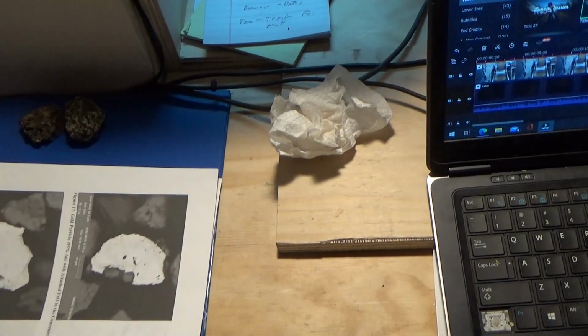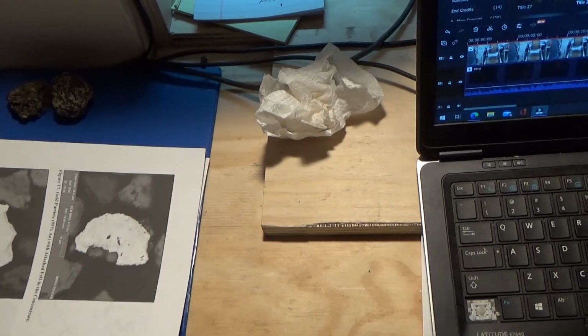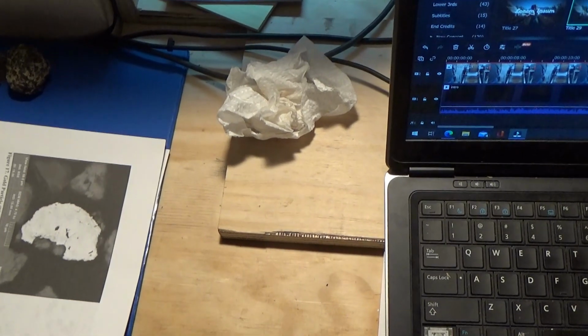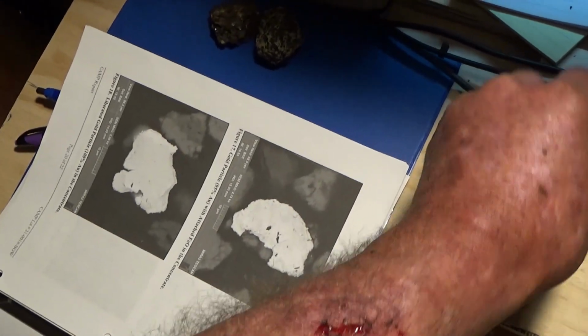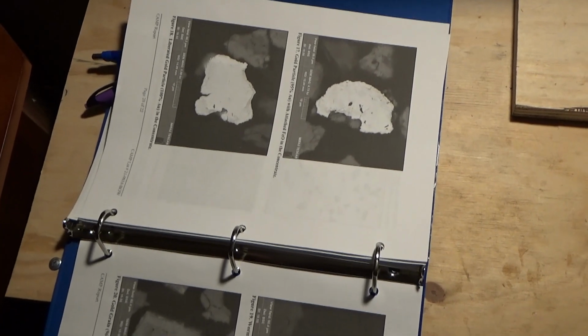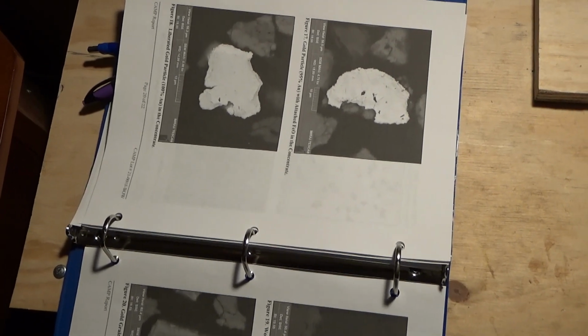The magnetic separation was complicated by the fact that the screened fraction that we used of the original sample had dried, so it kind of clumped together and didn't break up real well for the test.